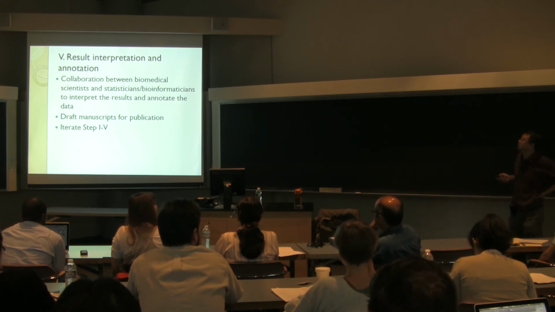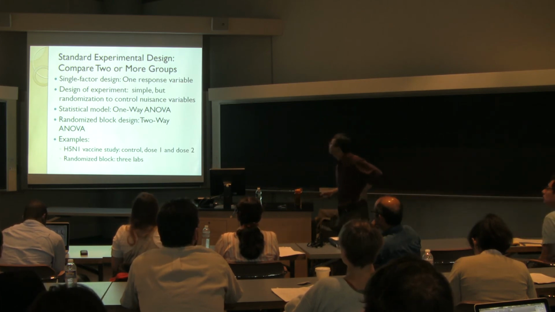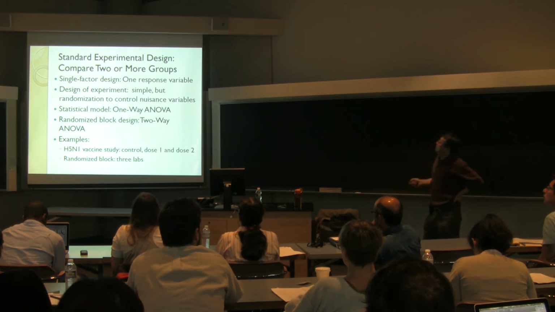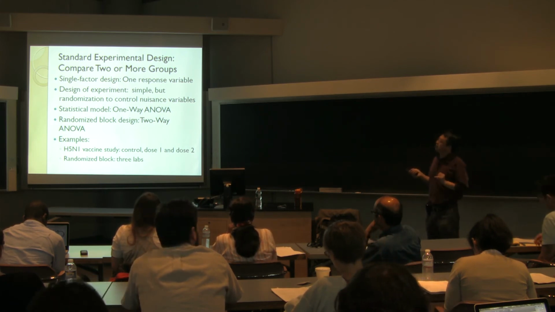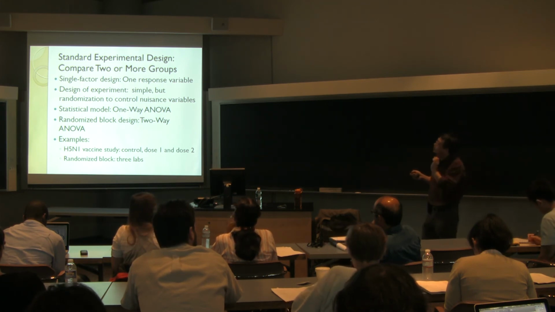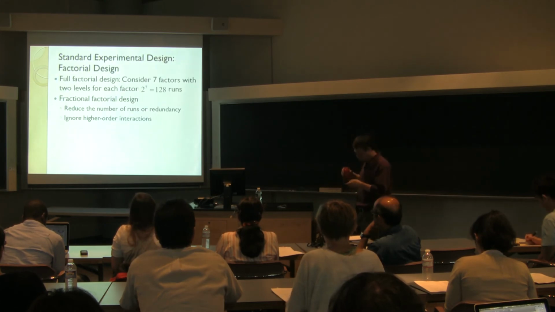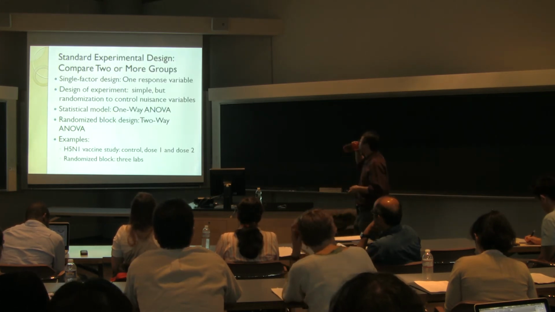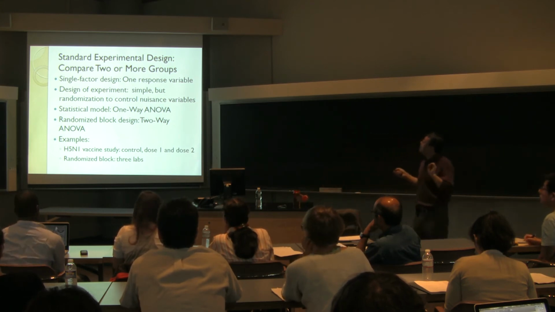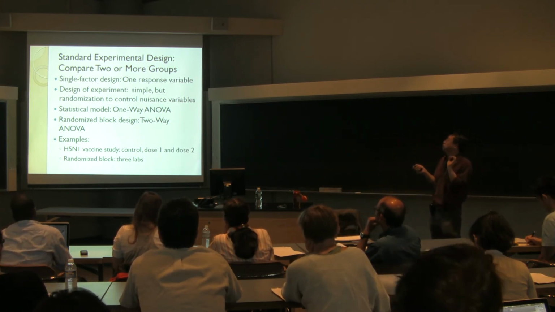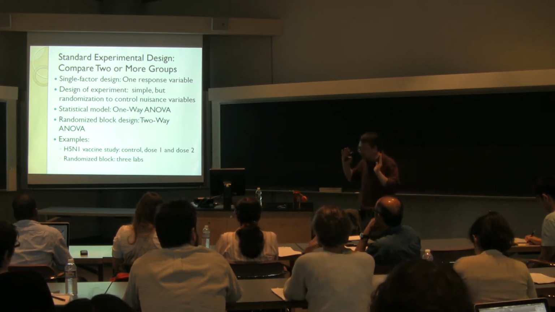No? Okay. So I don't have much mathematics, just principles. Let me get into a little bit more about the experimental design. This is a kind of standard experimental design. Many times what you want to do is compare 2 or more groups, like in that vaccine study design.